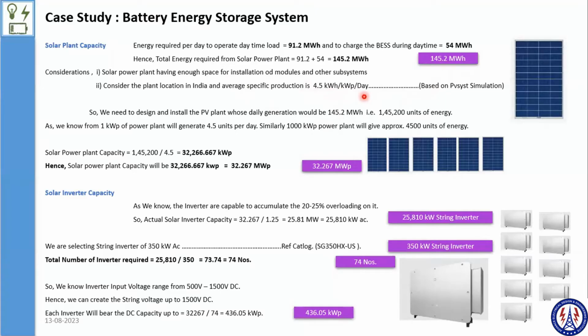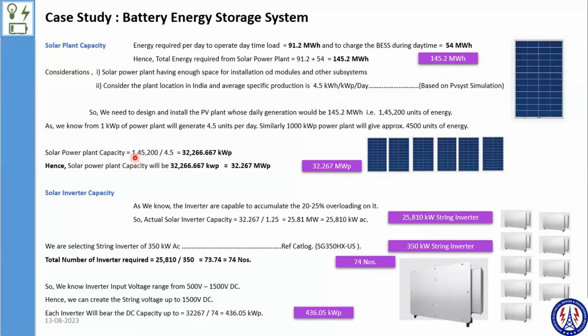This is the specific production from 1 kilowatt of power plant in 1 day. This much energy I can extract from a 1 kilowatt power plant in a day, and I need this much energy in 1 day. With respect to that, I did the calculations.